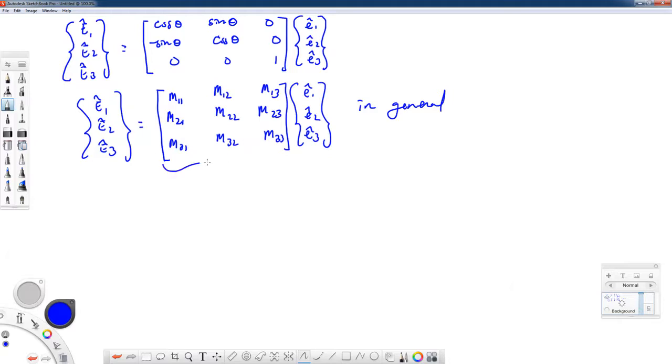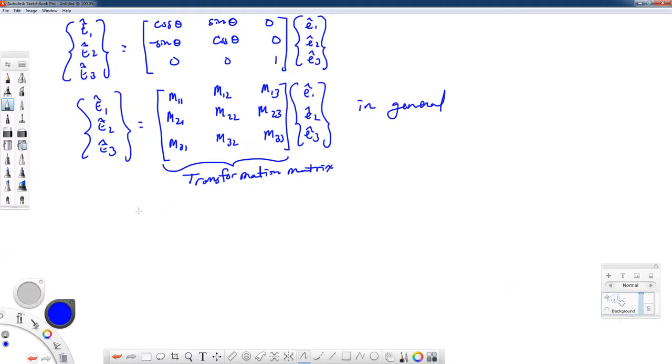And this matrix is called a transformation matrix.